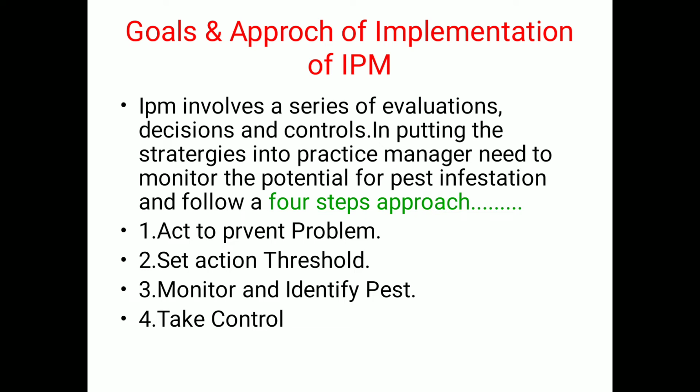Otherwise your pest population reaches the economic injury level. So we need to know at what pest population, or at which point, we need the control measure. For example, if the pest population reaches the economic threshold level, at that point chemical control is essential.